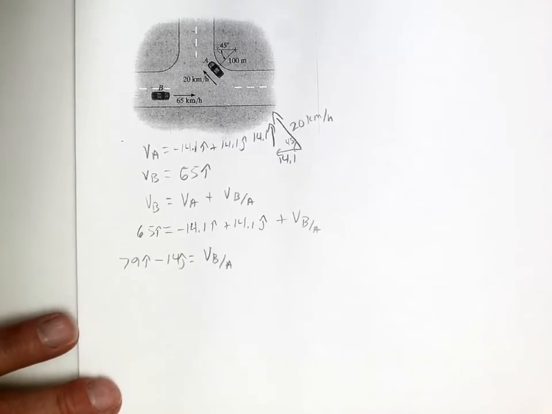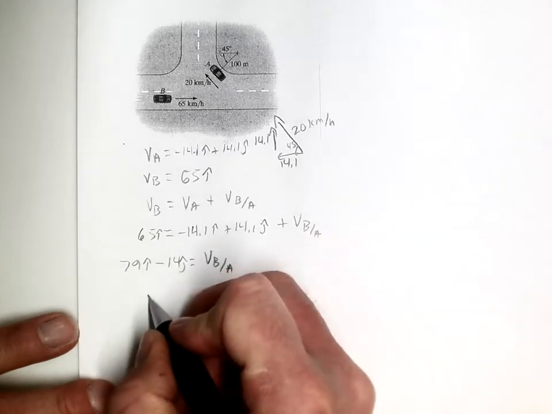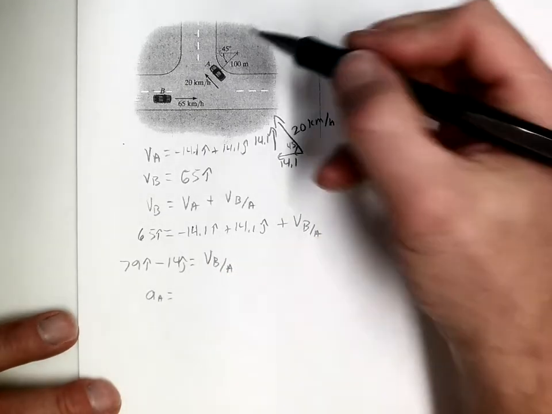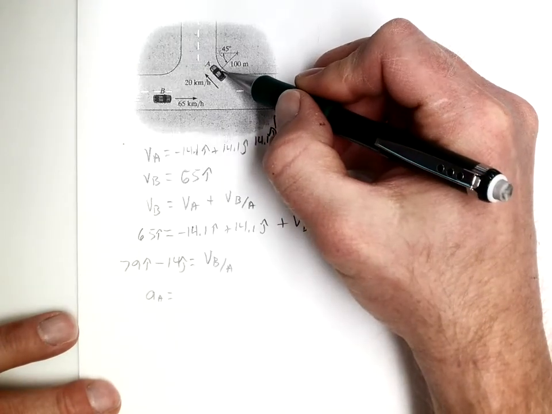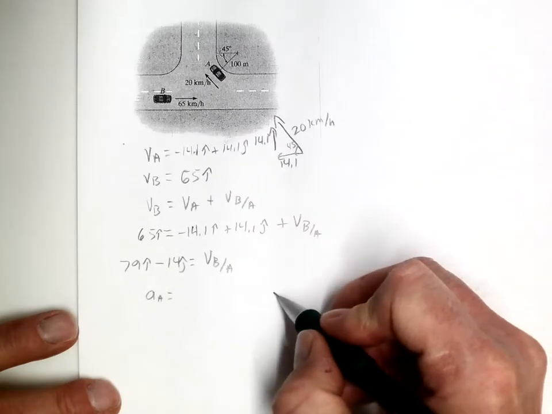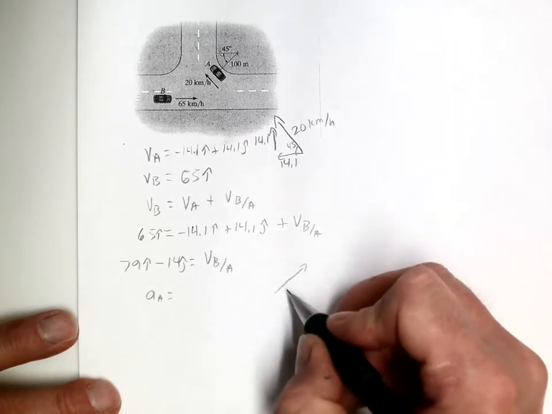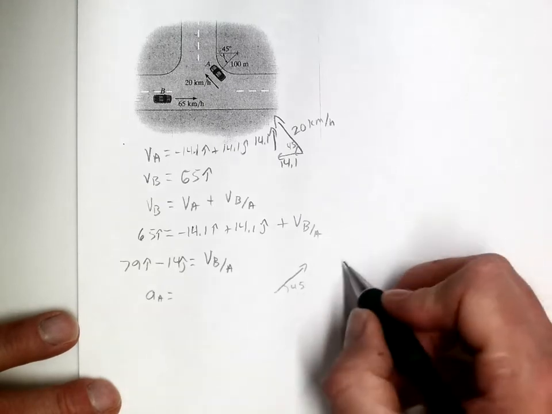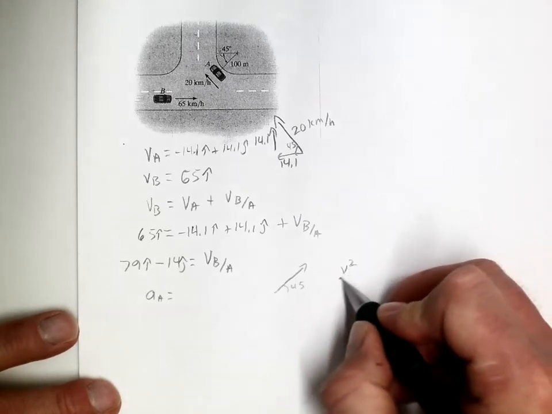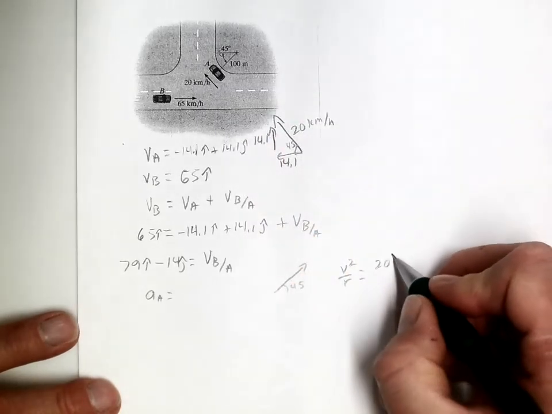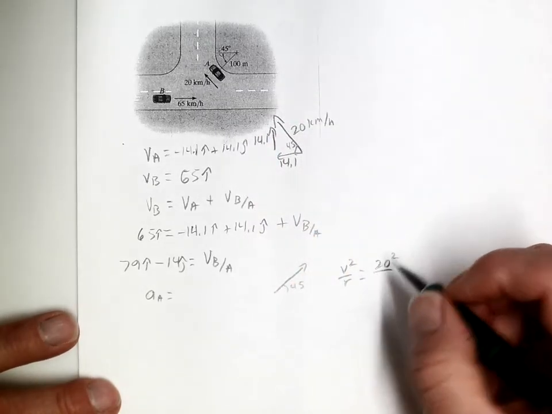And now we'll look at acceleration. So the acceleration of A is going to be v squared over r in that direction. So the direction is 45 degrees in that direction, and the magnitude is v squared over r. And v is 20 squared, and r is 100 meters.